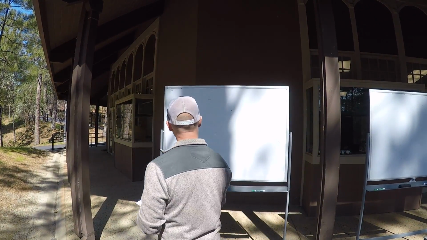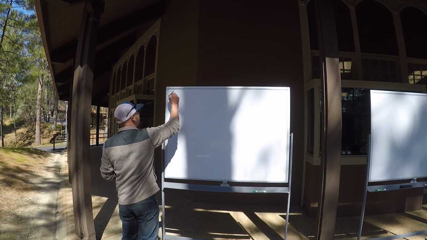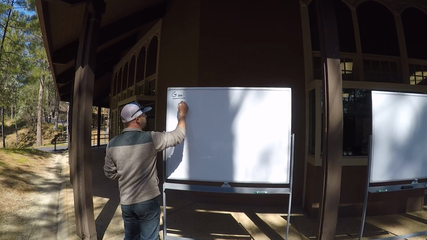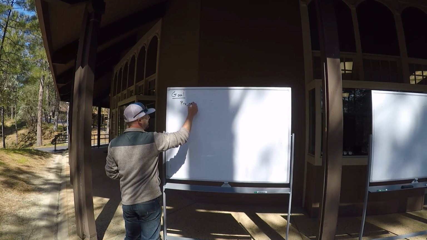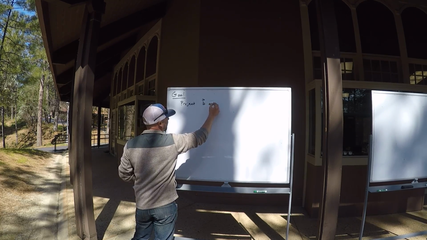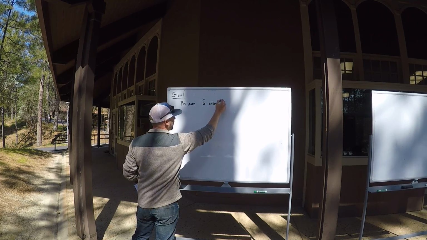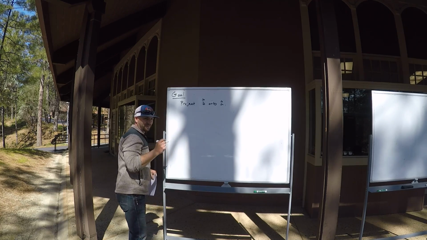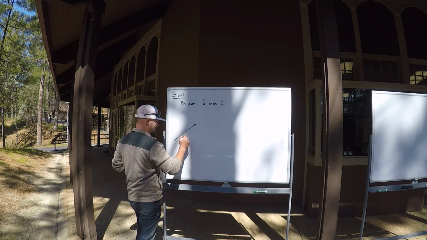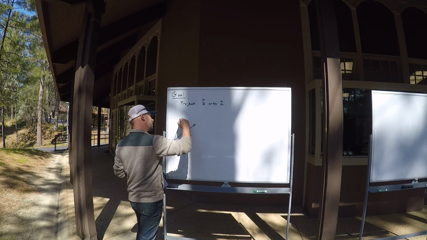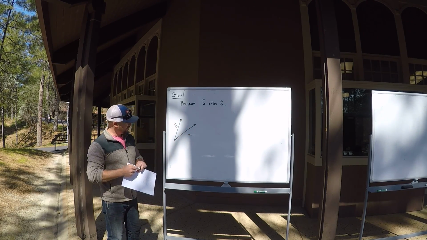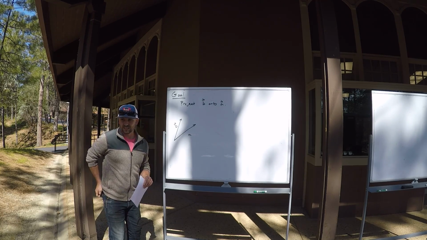Alright, so let's make ourselves a goal. My goal is to project, a word we'll probably have to define, a vector B onto a vector A. So, to that end, I have here my vector A, I have here my vector B, and I want to break B into two pieces.